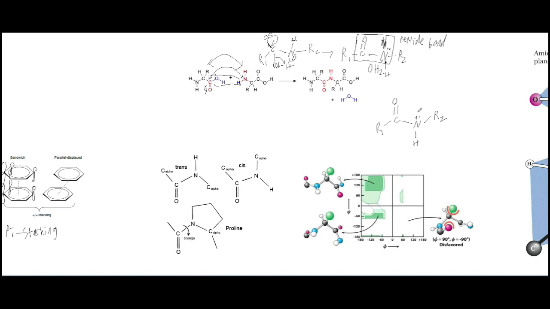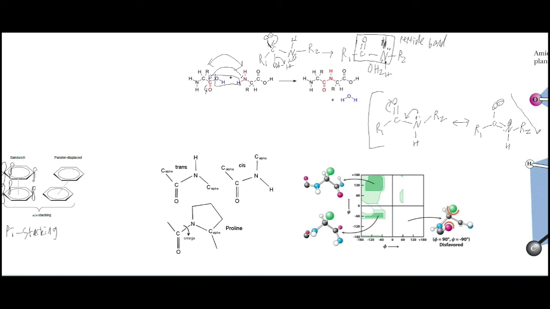And so this lone pair can go here, kick those electrons up there, and so we have R1 C up to here, negative, double bond down to nitrogen, which is positive now, and up to there. And so these are resonance structures of each other.